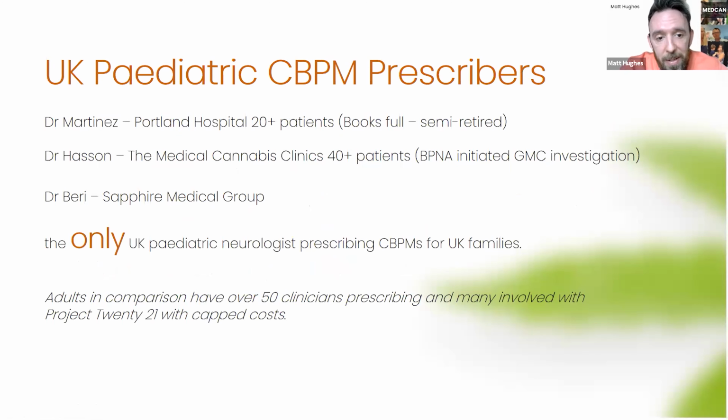That leaves Dr. Berry at Sapphire Medical Group as the only paediatric neurologist privately for the whole of the UK who can prescribe. So with no NHS access, we're left with only 1 clinician. As already mentioned, paediatrics are not available on Project 2021, so we're left with 1 doctor for the whole UK. In comparison, we have 50 clinicians prescribing for adults, and many of them were in Project 2021 with capped costs.